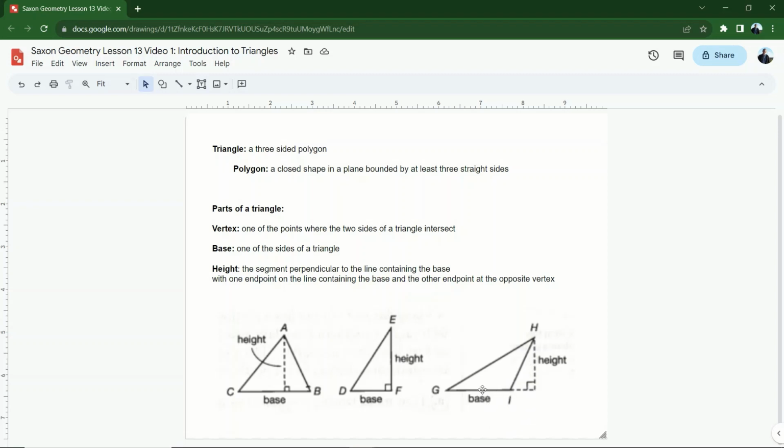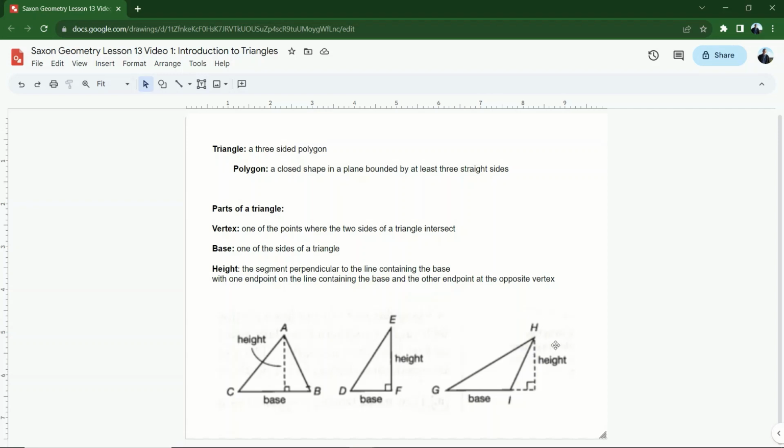But if you choose one of the sides of your obtuse triangle to be your base that's not the longest side, you may have a height that falls outside of the triangle. The key is that the height is perpendicular to the line containing the base and then passes through the opposite vertex. The vertex opposite the base here is H.